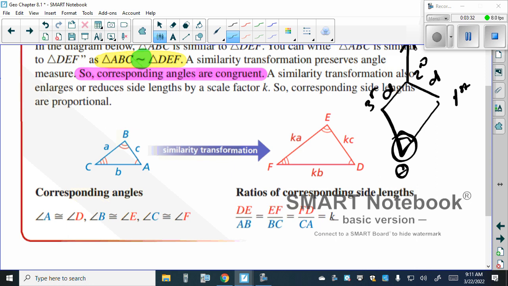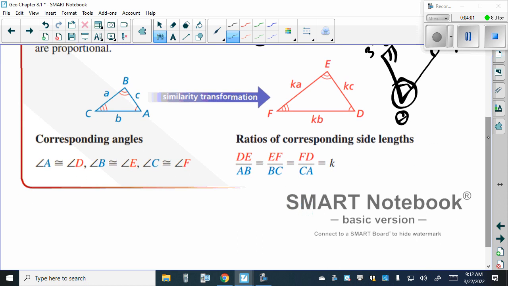So all these angles here, from one to the other, stay the same. Whenever we scale a figure, bigger or smaller, the angle values don't change. The lengths scale proportionally, and we have a scale factor. The scale factor, if we're getting bigger, is going to be greater than 1. If we're getting smaller, it's going to be less than 1.